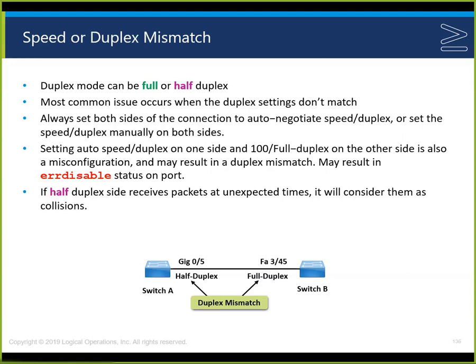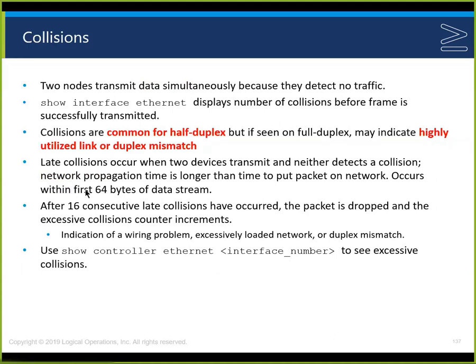It's going to consider them to be collisions when we do these things. If we have a mismatch, the port's going to be put into what's called error disable mode, and we'll see that a lot as we go through these things, or at least some as we go through these things. It's basically shut down, but it's error disabled, error or disabled on the port when we have a duplex mismatch with these things.